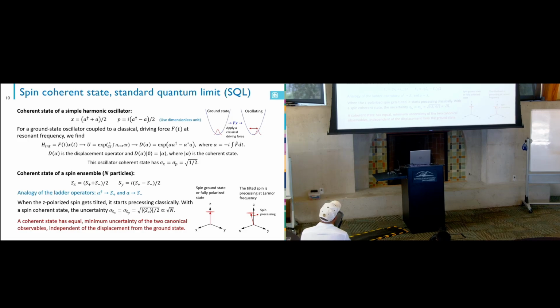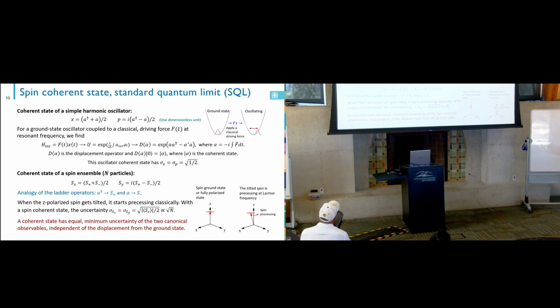Typically, we say, okay, we can find something we call the displacement operator, and usually in the textbook, they just say, well, you introduce this, apply it to the ground state or the vacuum, and then you will find the coherent state with an amplitude equal to alpha. But it's really coming from the classical interaction.